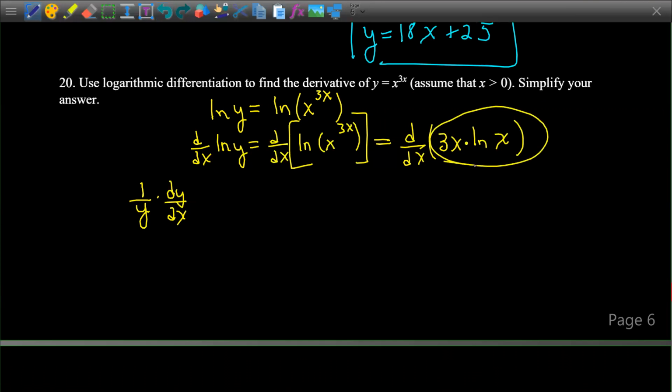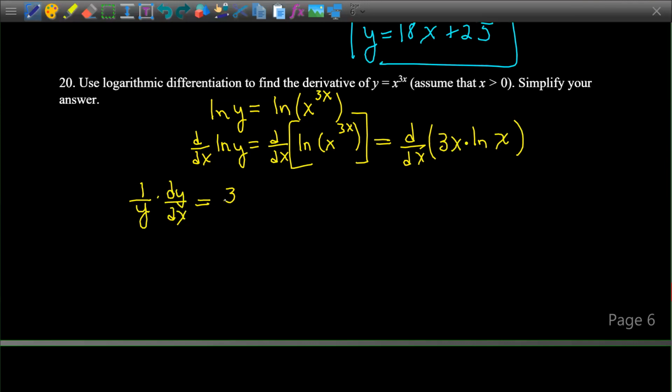So on the right, we have here a product. So I want to use the product rule. And I'm going to do the derivative of 3x with respect to x. So that's just 3. So we don't have to put on like dx. That would just be 1 anyway.